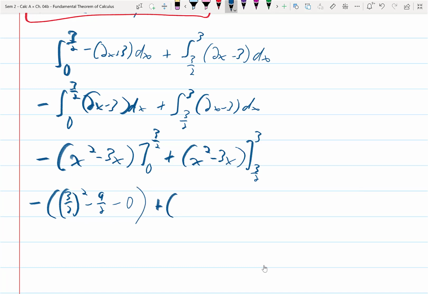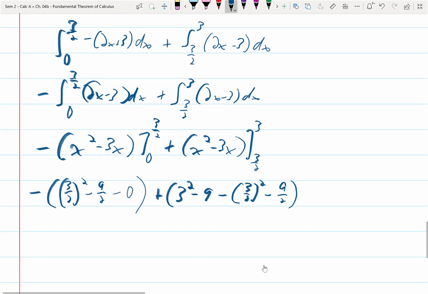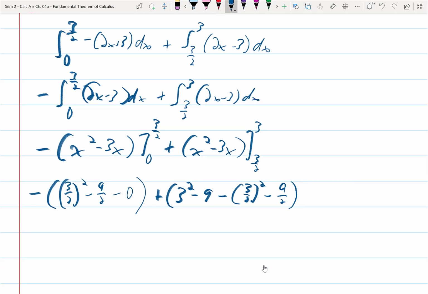Then plus 3 squared minus 9, minus, parentheses, 3 halves squared, minus 9 halves. Need a plus there, right? If I don't put parentheses and kind of overuse them in places, I'm going to run a gamut of messing signs up. That's correct.